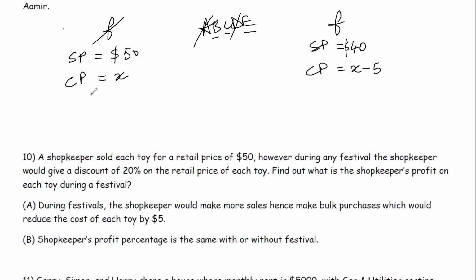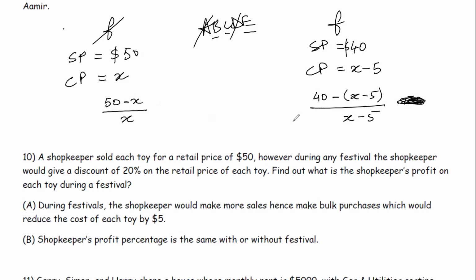we know that the profit percent is profit upon cost price into 100. And out here, profit would be selling price minus cost price upon cost price. Now they're saying this into 100 and this into 100 is the same.